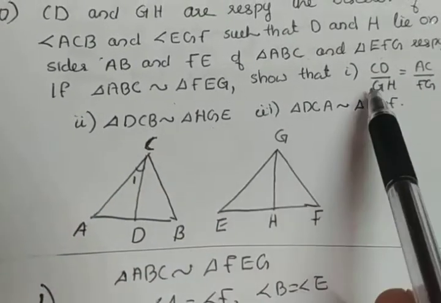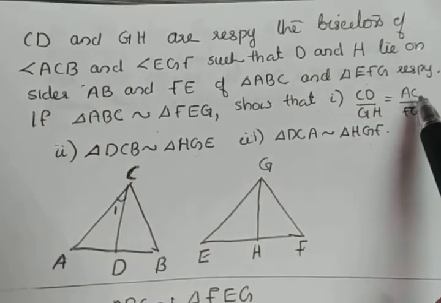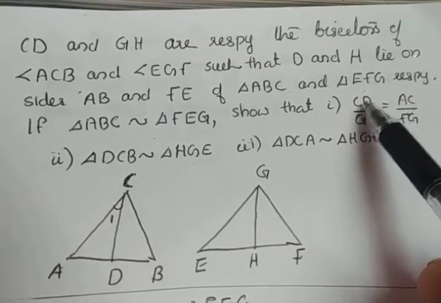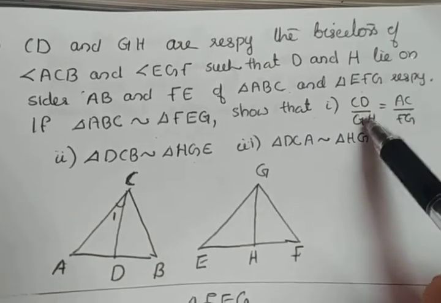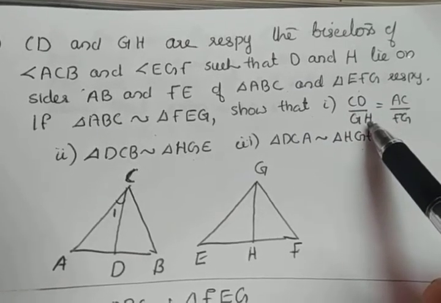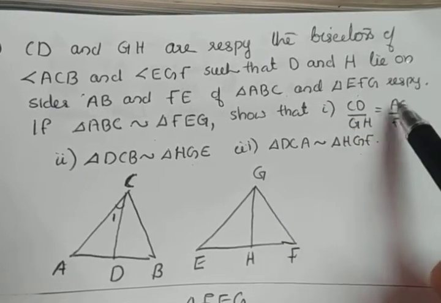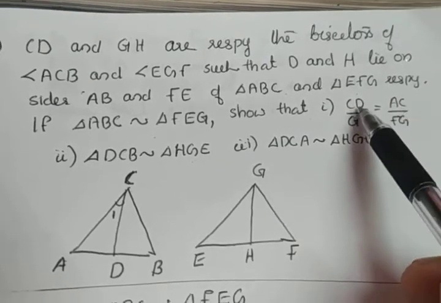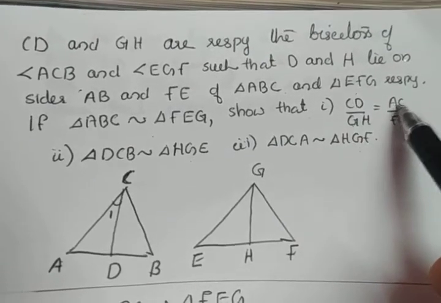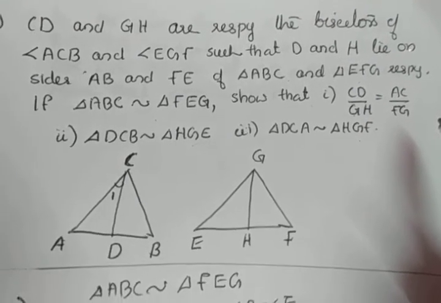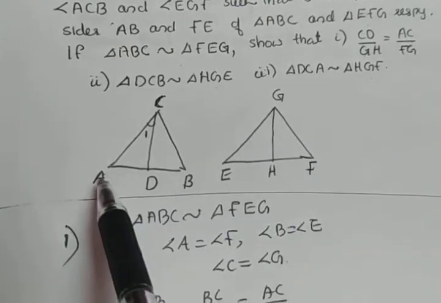To prove the first one, we have to prove CD by GH is equal to AC by FG. For that, we check CD, GH, AC, FG. If I take the ratio, there are 4 vertices, and we cannot form a triangle using 4 vertices. So go with the numerator CD, AC. Here there are only 3 vertices A, D and C. Check whether you are getting a triangle with the vertices A, C and D. Yes, you can see a triangle ADC.